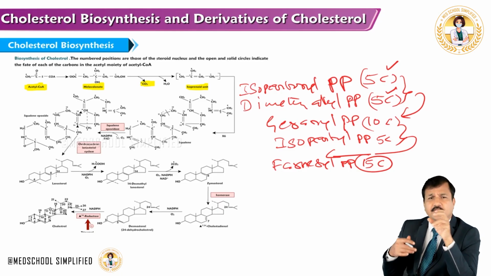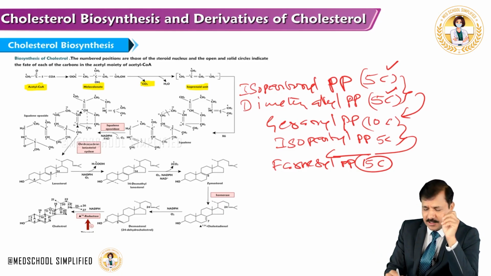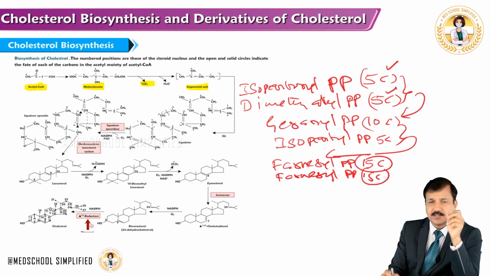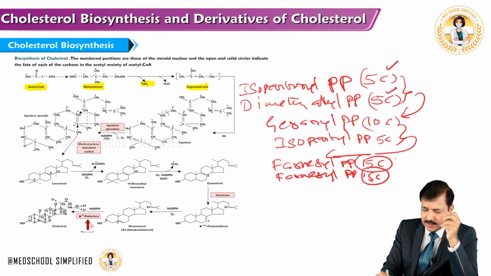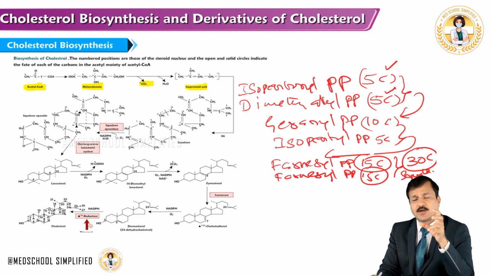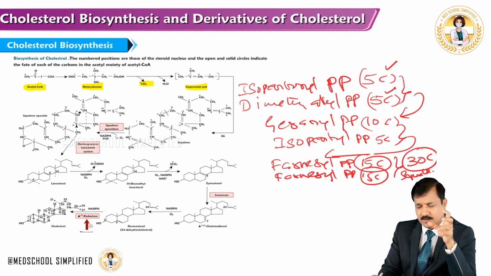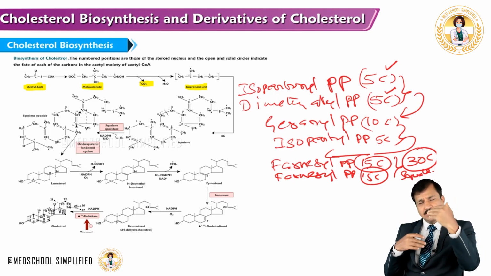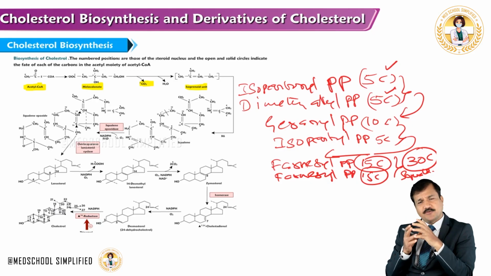So another 15-carbon farnesyl pyrophosphate combines with this. So 15 more carbons, that means 3 more isoprenoid units. So together we have 30-carbon squalene. And that 30-carbon squalene has 6 isoprenoid units, because this is how it came: isopentenyl pyrophosphate 5 carbon and dimethyl allyl pyrophosphate 5 carbon making geranyl pyrophosphate 10 carbon.